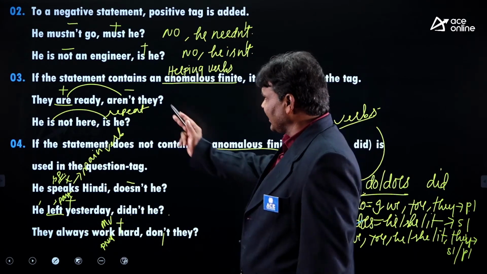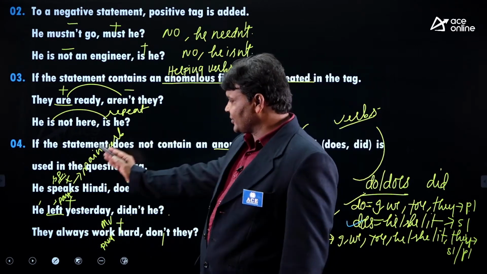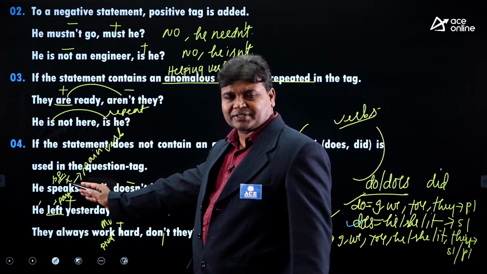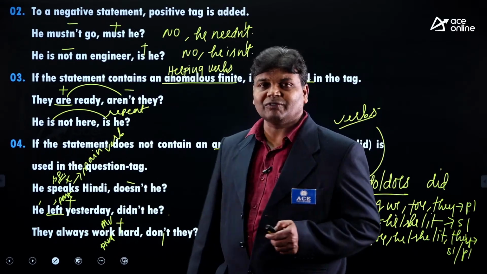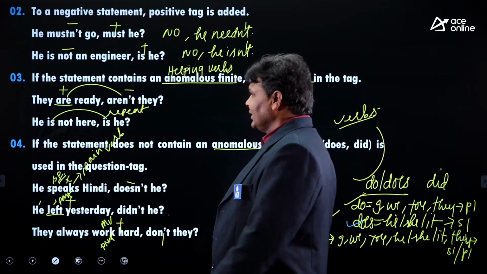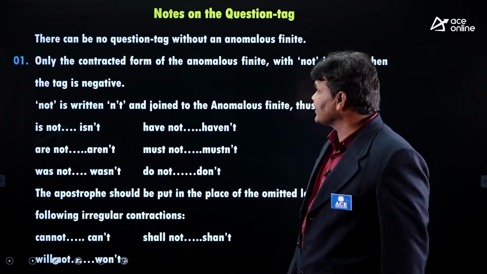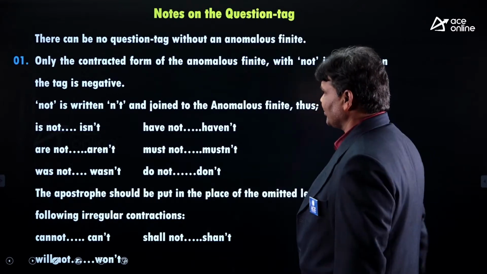Then again, if there is an anomalous, that has to be repeated. But in case there is no anomalous and if you find main verbs, you have to borrow do, does, did. If you have understood these basics, we will go ahead with some miscellaneous notes on the question tag, a few more areas we are going to touch.